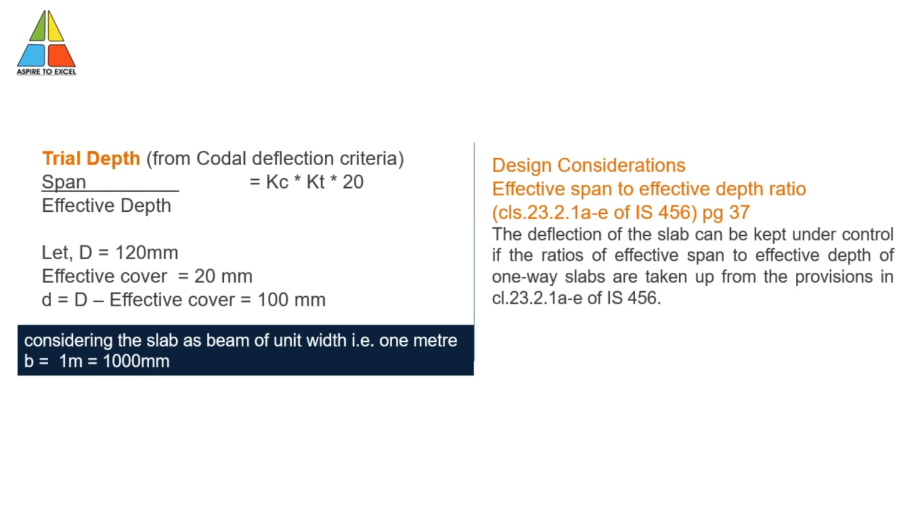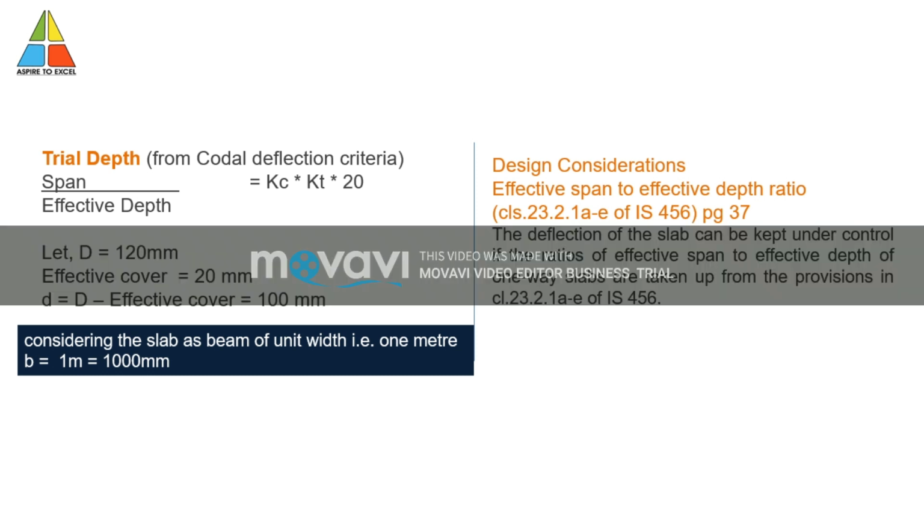The first thing that we should have is a trial depth, and as per codal provision 23.2 given on page 37, the span by depth ratio should not be more than 20, right? There are other factors also, Kc and Kt.